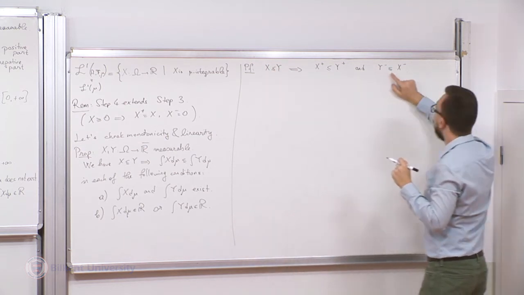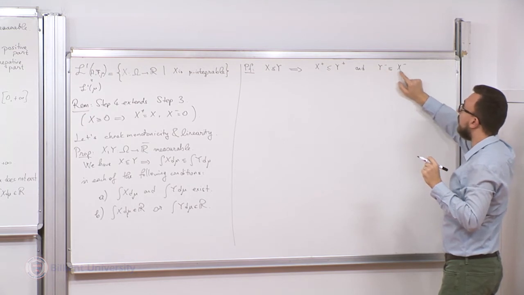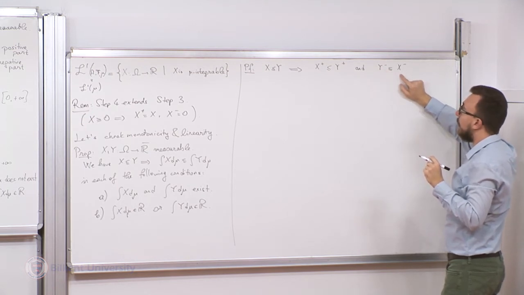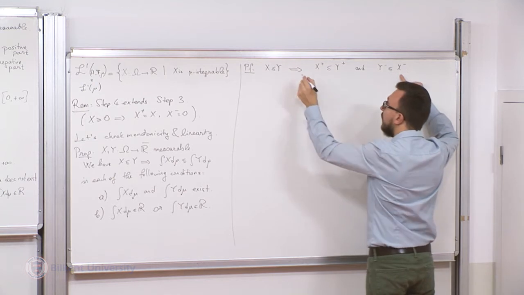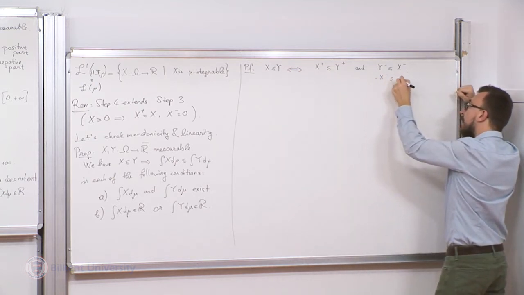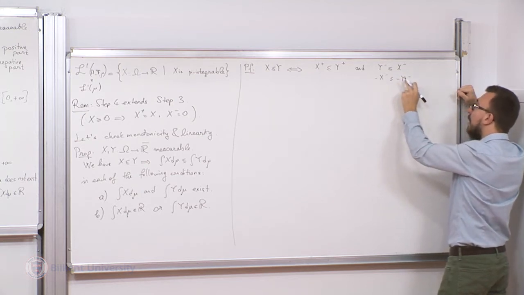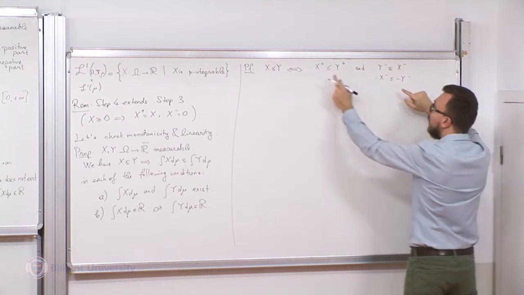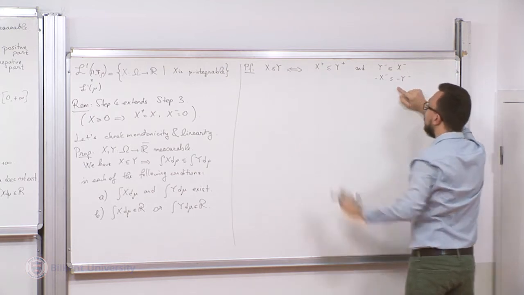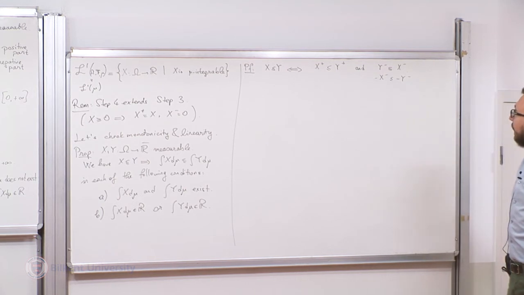Therefore, when you switch the signs, you should have the opposite order. So y minus is less than x minus. And in fact, this is if and only if, because you can just write it as minus x minus is less than minus y minus, and add the two equations to get x is less than y. Right? So this is if and only if.